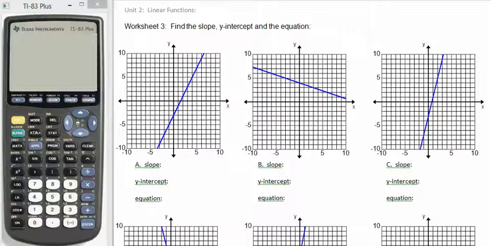Unit 2, Worksheet 3. Find the slope, y-intercept, and the equation for the line. So first of all, let's just remember that our equation for our line is y equals mx plus b, where m is the slope, and b is the y-intercept.